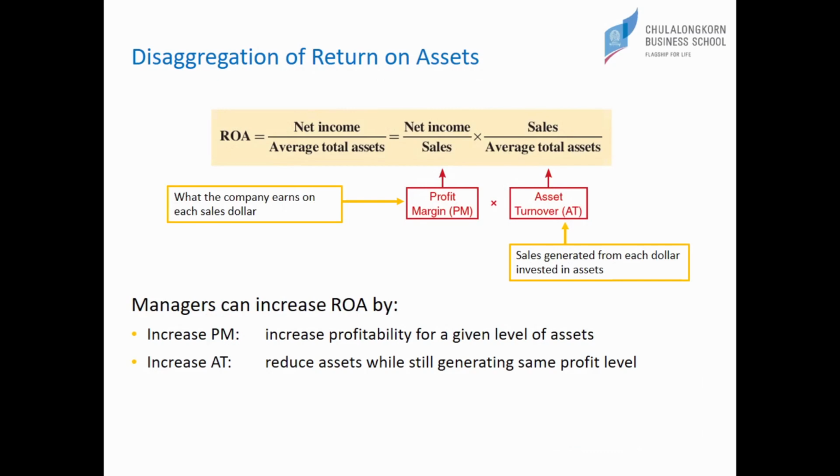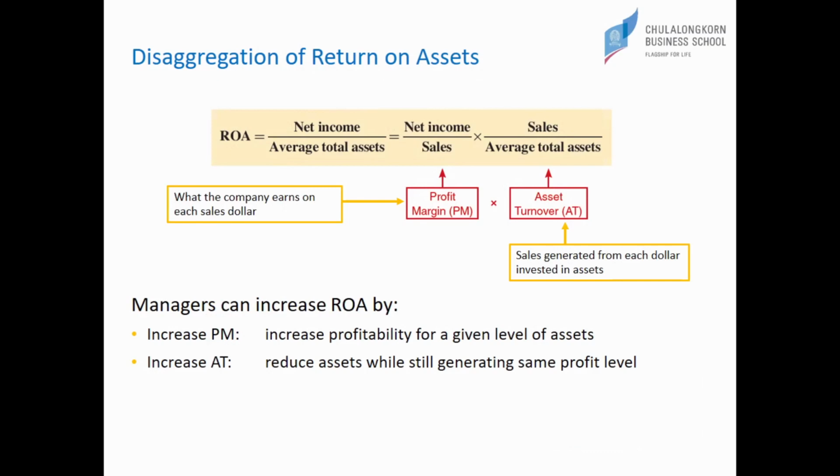So this profit margin, which is net income over sales, is what the company earns on each dollar of sales. The company would definitely want this profit margin to be increasing and higher.